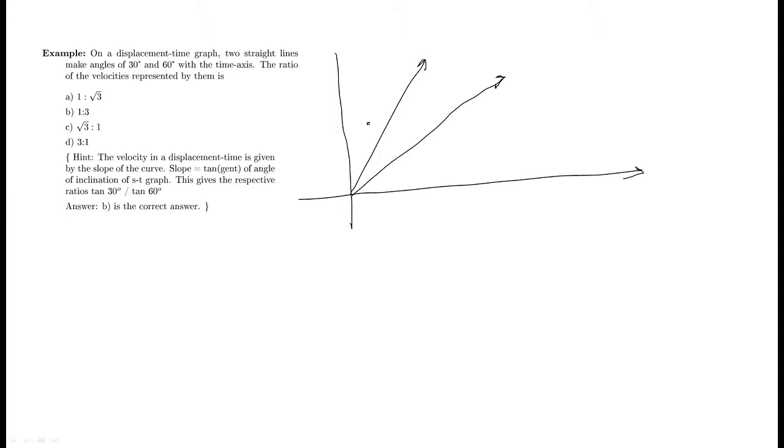So the ratio of velocity represented by them: this angle is 30 degrees, and this angle is 60 degrees. What is the ratio of velocities represented by them?